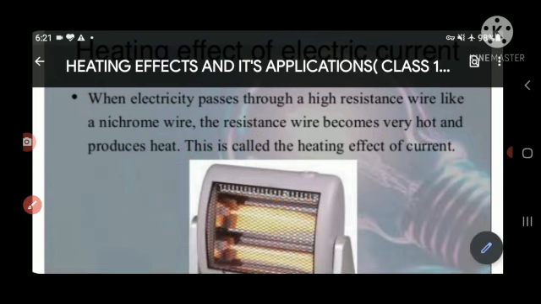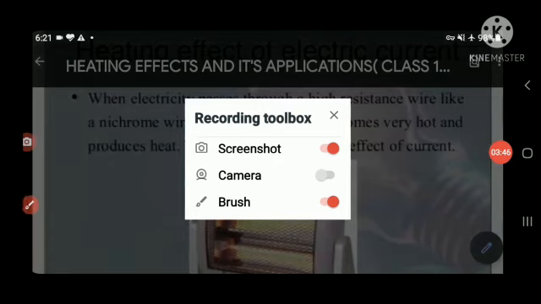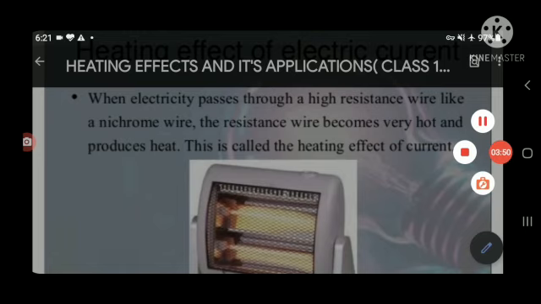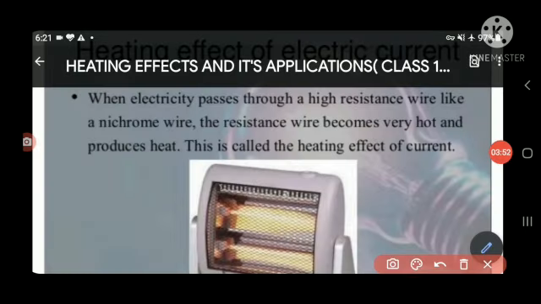Now, our next topic is the expression of heat produced. How is heat produced to be expressed? We know that potential difference is equal to work done by charge transferred.